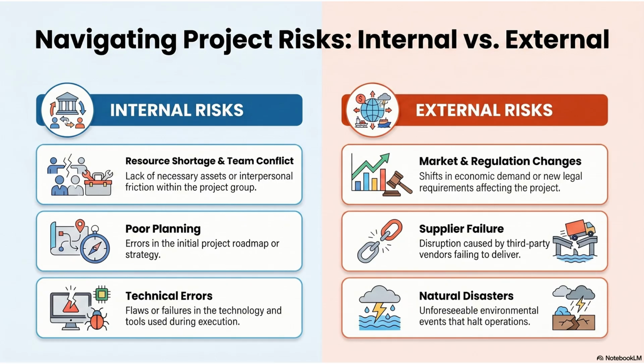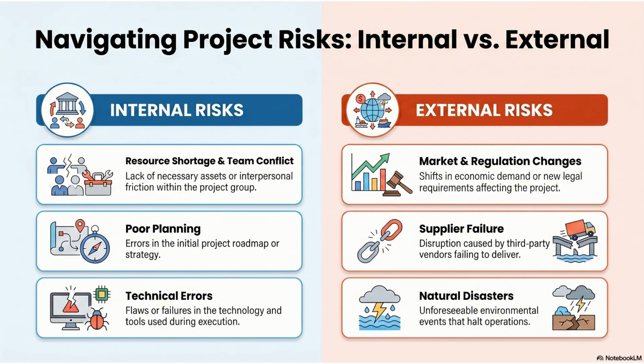For example, resource shortages or team conflict can affect project performance if there are not enough people, equipment, or if the communication within the team is weak. These issues can slow down progress and create disruptions. Another example is poor planning.